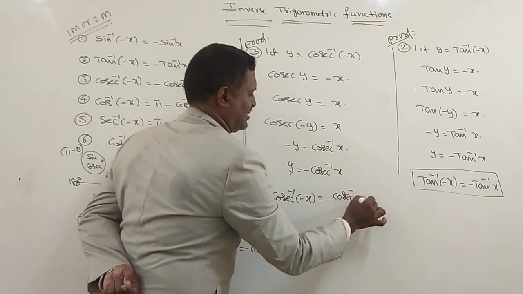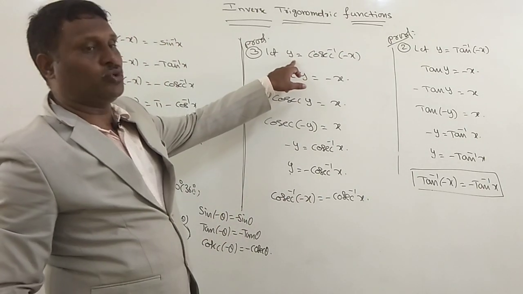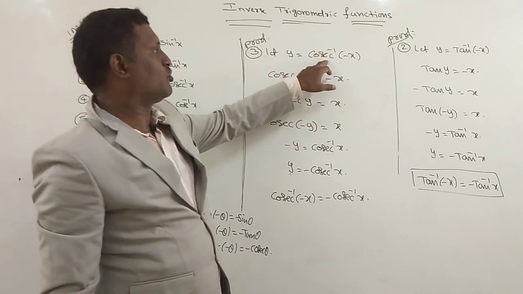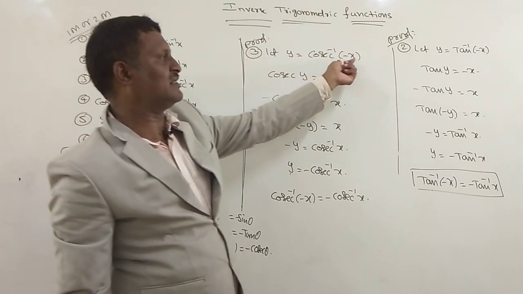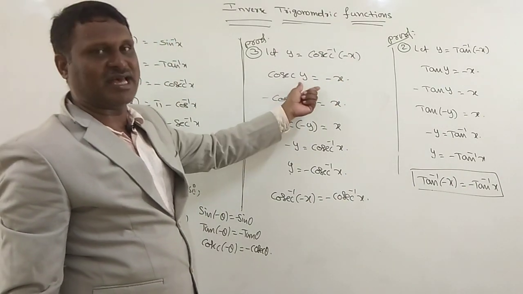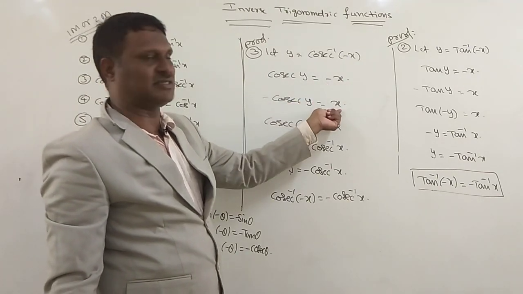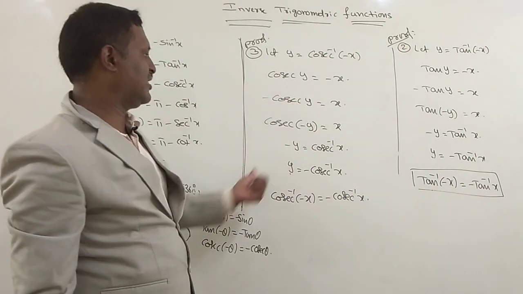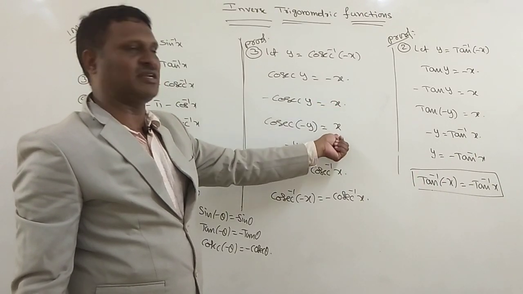Listen once again, y is equal to, I took as left hand side, cosecant inverse of minus x. This cosecant inverse, if you take to the other side, you can write it as cosecant y is equal to minus x. Then multiply by minus sign, cosecant y becomes minus cosecant y, minus x becomes plus x. Again minus cosecant y, by using the fourth quadrant, we can write it as cosecant of minus y, that is equal to x.